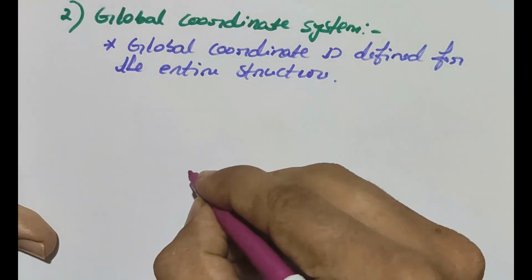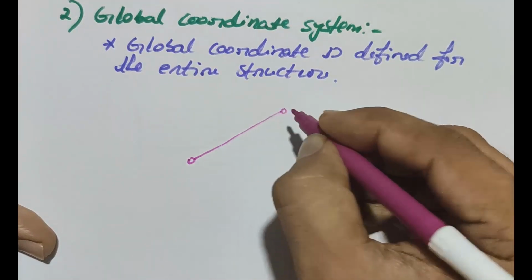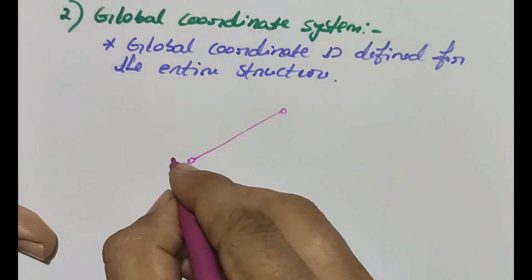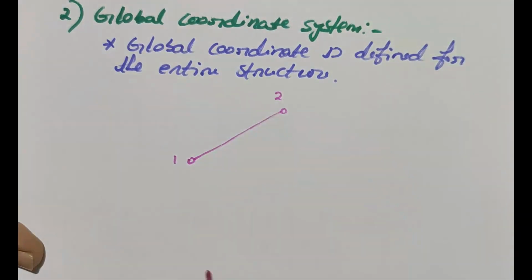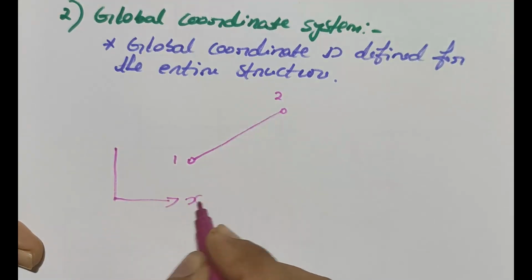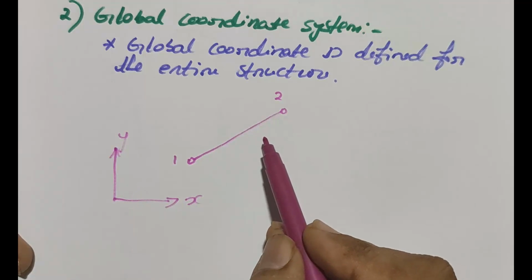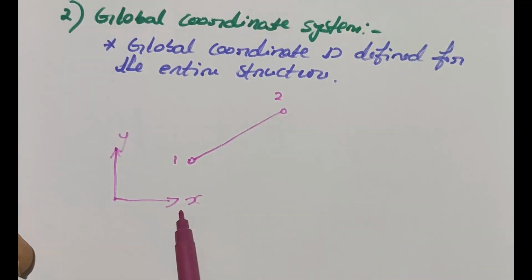I will consider a finite element which is made up of two nodes, node number 1, node number 2. Now here x and y will be the global coordinate. See, the orientation of x and y will not change depending on the orientation of the element, but it is fixed. In global coordinate system, this x and y are fixed. It will not change depending on the orientation of the element.